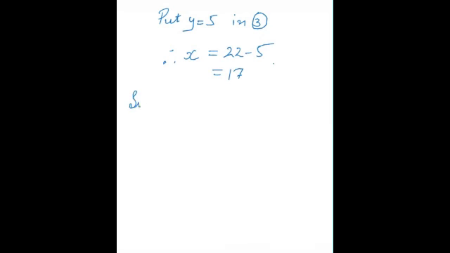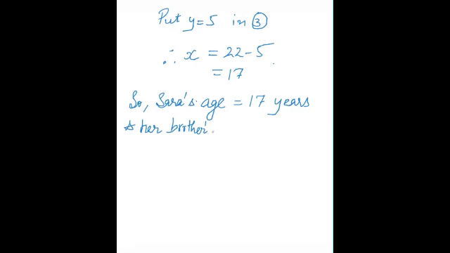So Sarah's age is equal to x, which is 17 years, and her brother's age is equal to y, which is 5 years, and that's your answer.